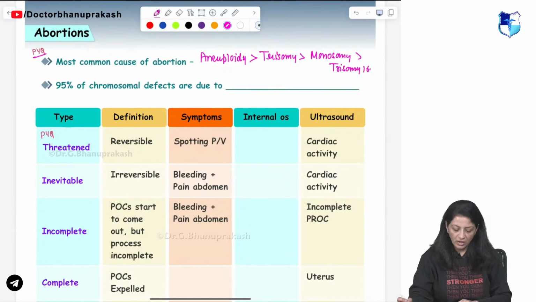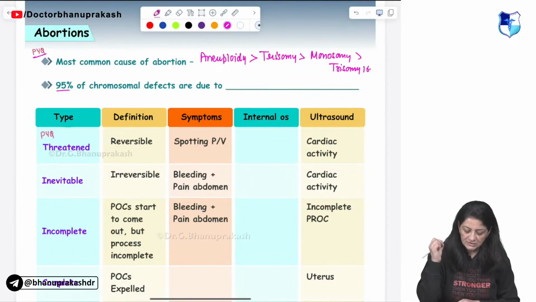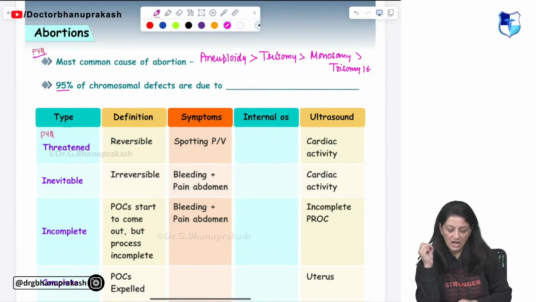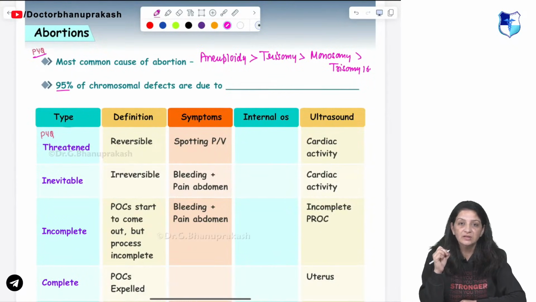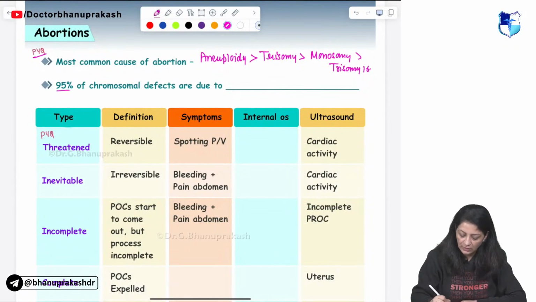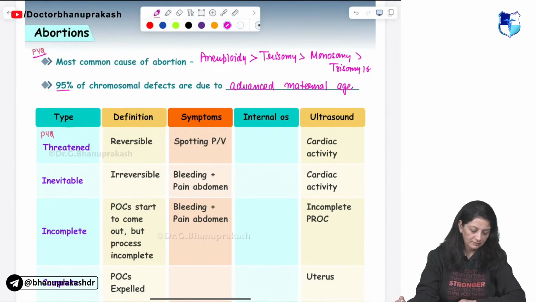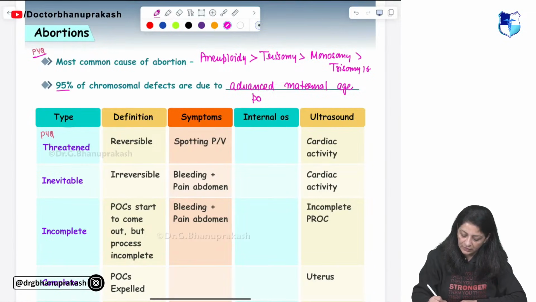So 95% of chromosomal defects are mainly due to advanced maternal age and poor egg quality, because of advanced maternal age, more than 35 years of age.